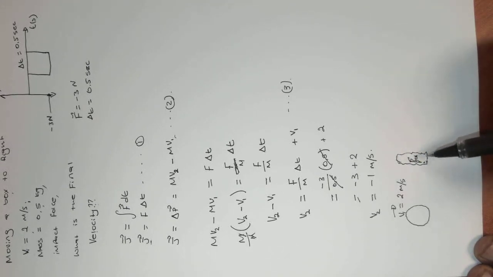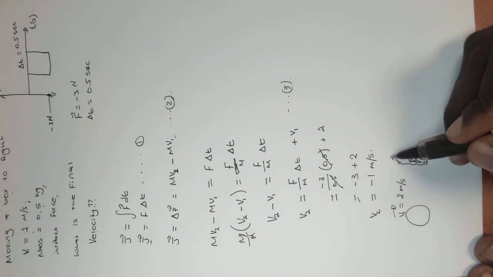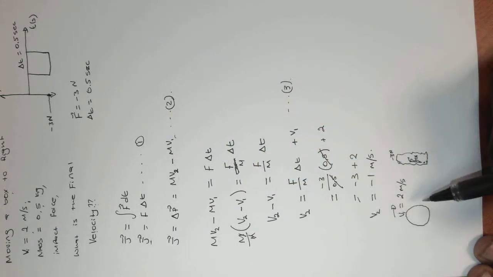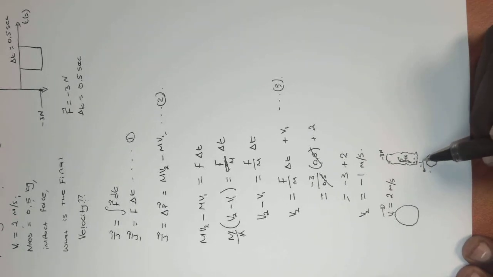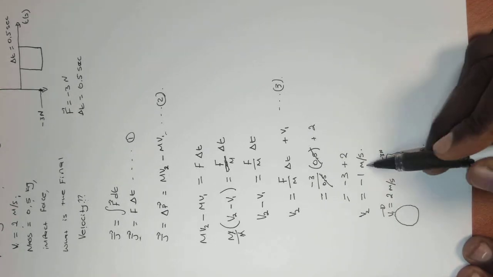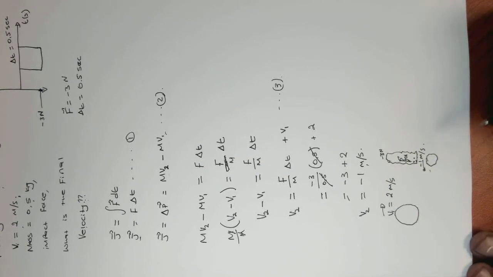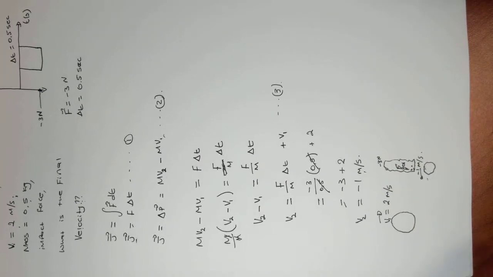This is an impact force which is minus 3. So if it's a ball, we can say it bounced back, it hit the force, and it bounced back with minus 1 meters per second. I hope it makes sense.